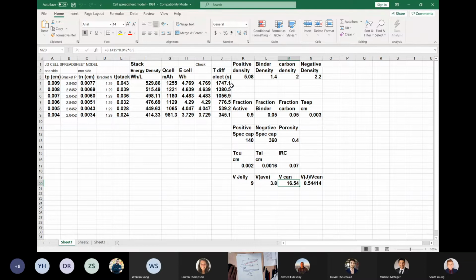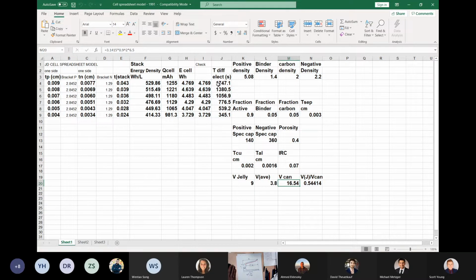And the reason that I calculate this, and it's described in a slide in the PowerPoint, is because if you make the electrodes too thick, like you would say, oh, look, I can just keep making the energy density bigger and bigger the thicker I make things. Well, then it just takes too long for the lithium to diffuse through the electrolyte from one electrode to the other, and the cells have got terrible rate capability.